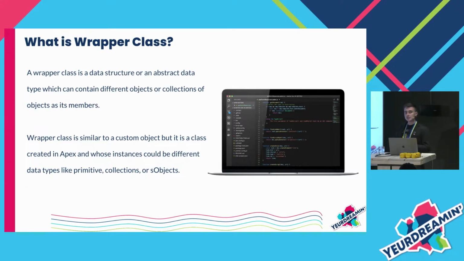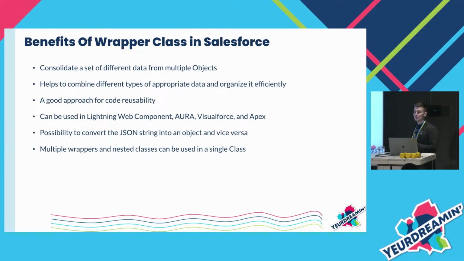Those instances can be of different types: collections, primitives, or SObjects, but they are only alive during a transaction. A custom object is saved to the database and uses Salesforce storage. A wrapper class is similar, but in code, and it only lives for some period of time when it's needed, and then it's gone.